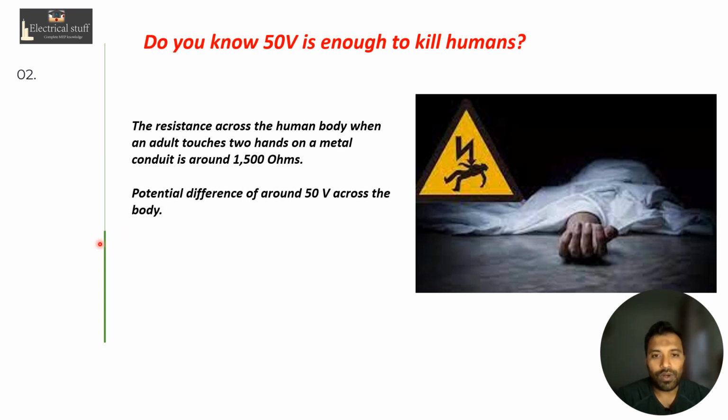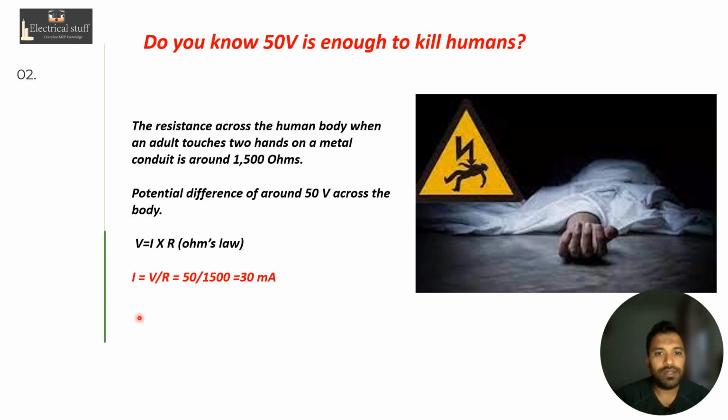Then what is our voltage? 50 volts. We have a formula, V equals IR, Ohm's law. It's a basic formula in electrical engineering. If you apply V equal to 50, we need to find I. I is equal to V by R, 50 by 1500, which equals 30 milliamperes.